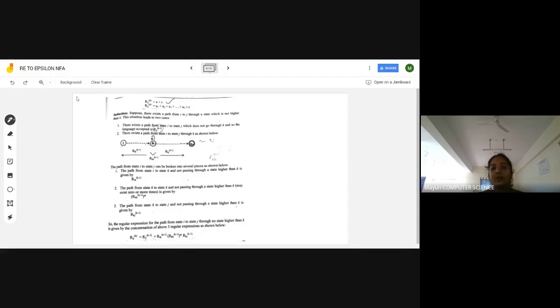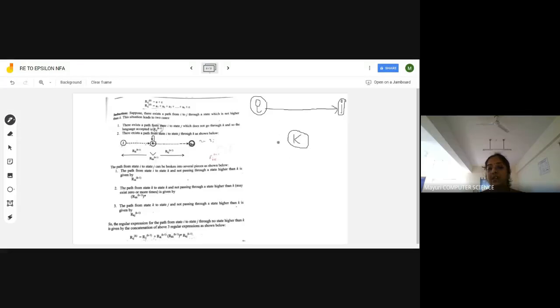So now what I have to do next is induction. What do you mean by induction? I have multiple intermediate states. As of now, I don't have any intermediate states. I had a direct edge from I to J. Now I have an intermediate state, represented as K. But this K can be any number of intermediate states, remember, not only one.